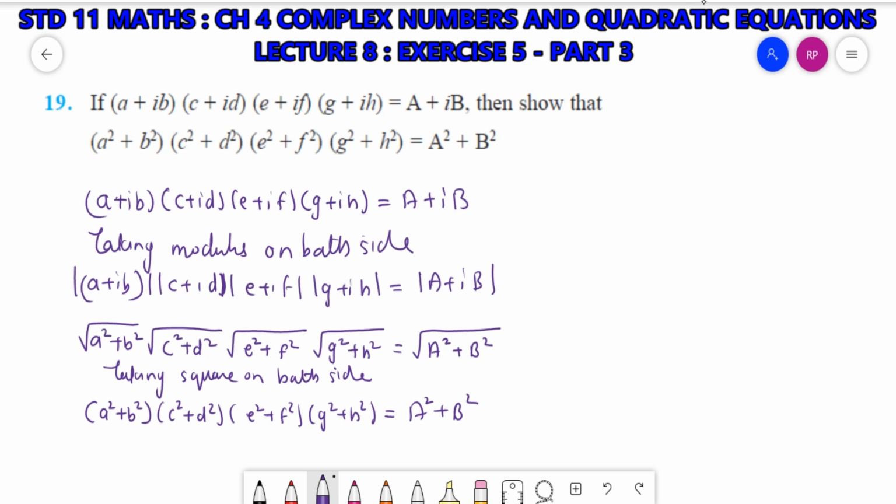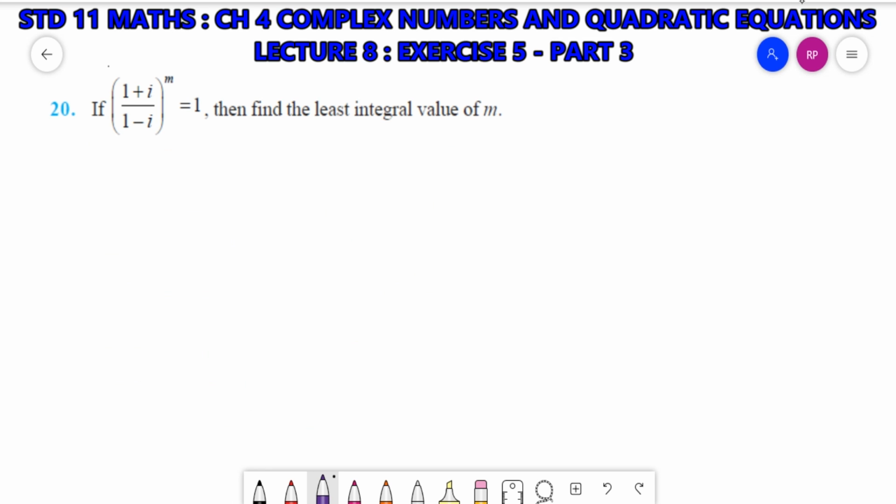Now let's move to the next, that is question number 20, which is the last question of this exercise as well as this chapter. Question number 20. If (1 plus i upon 1 minus i) raised to m is equal to 1, then you have to find out the least integral value of m.